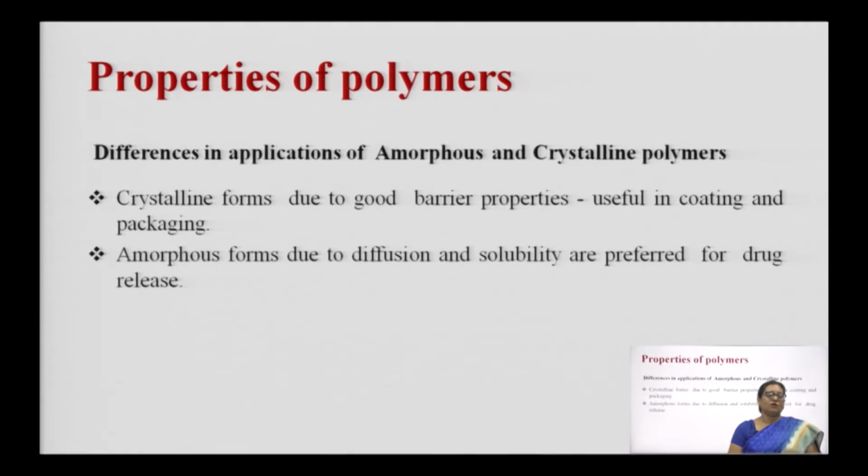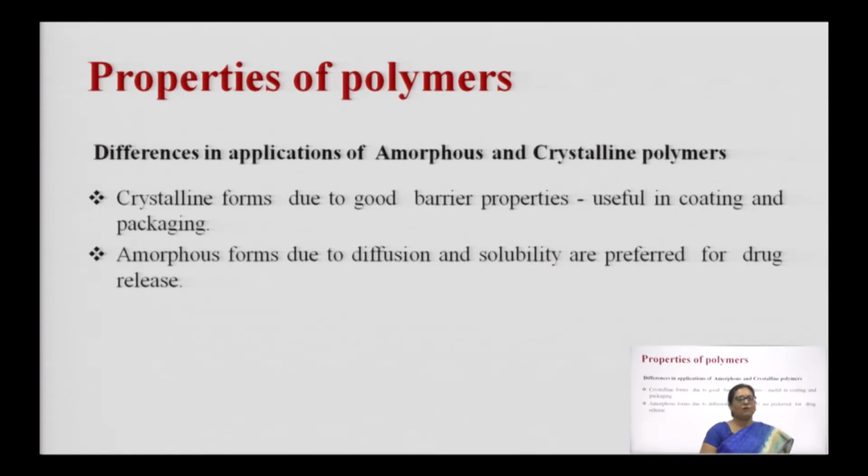deleterious effect of environment. In that case, we either give coating to the drugs, or drugs are packaged in impervious materials, so that their shelf life is improved. So, these crystalline forms are particularly useful in coating and packaging applications due to their barrier properties, due to their impervious properties.